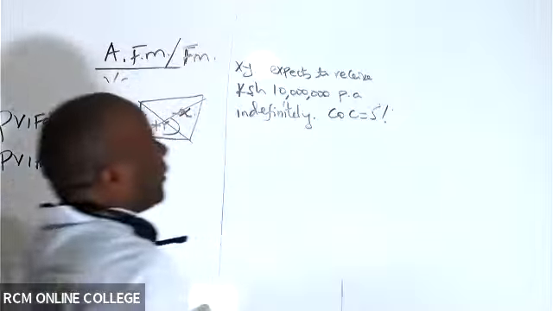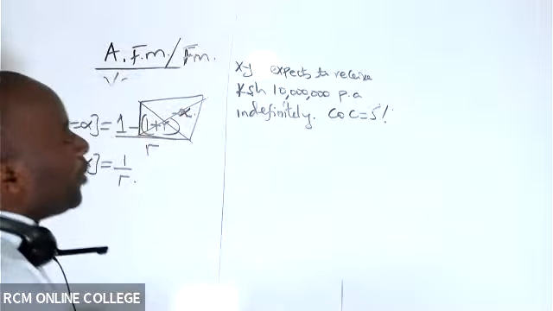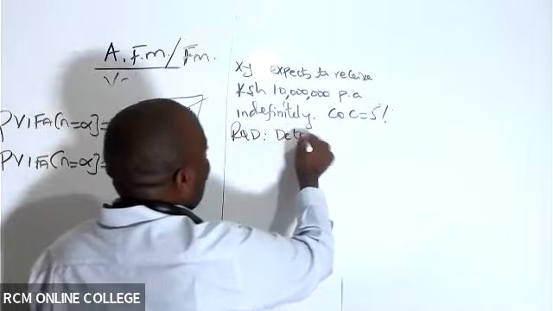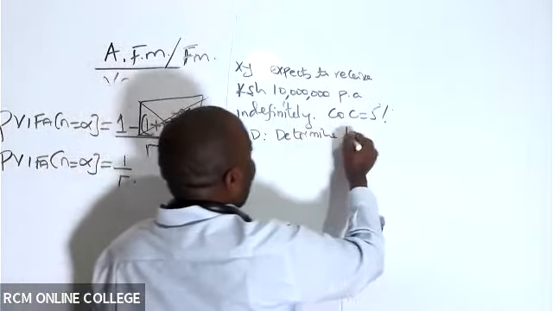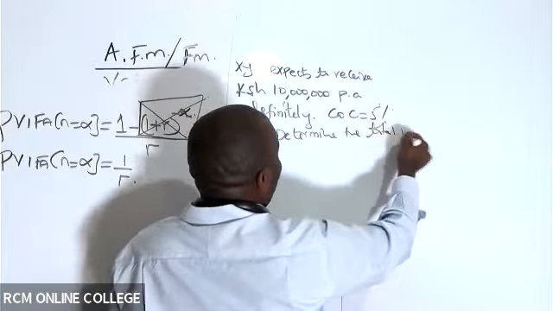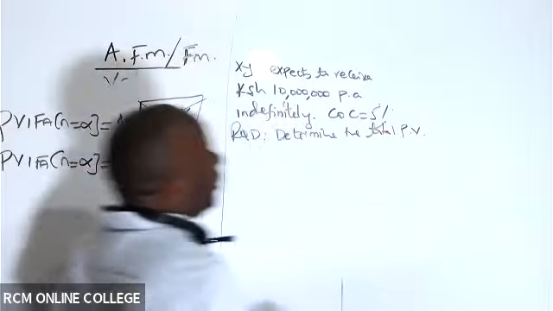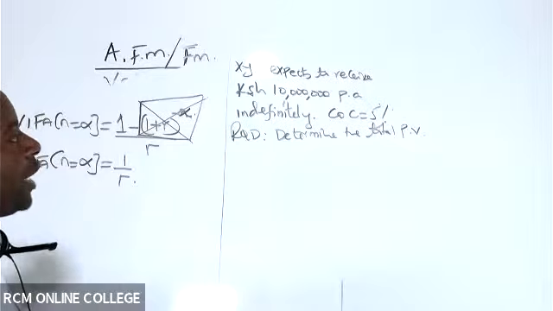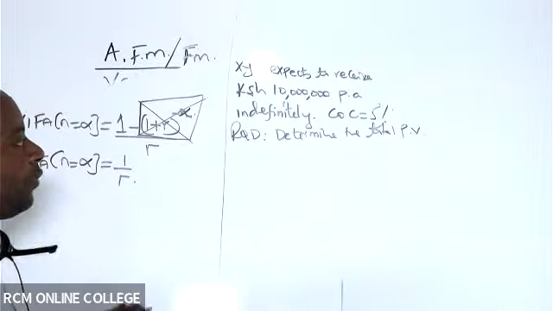We're required to determine the total present value. So an exercise. We expect to receive 10 million every year indefinitely, without an end in sight, where n is infinity.